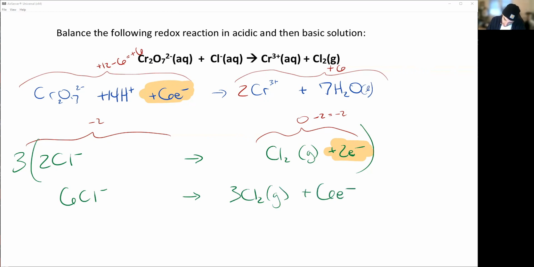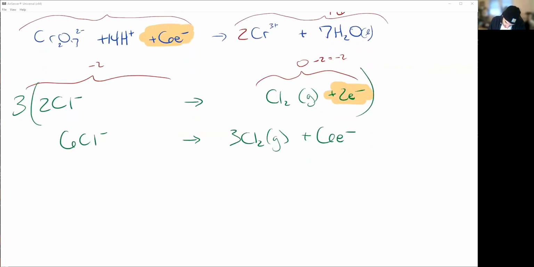Now if I combine these things together, I'm just going to rewrite the top: Cr2O7 2- plus the 14 H+ plus 6 electrons yields 2 Cr3+ plus 7 water molecules. Combining these things together, what do we get?